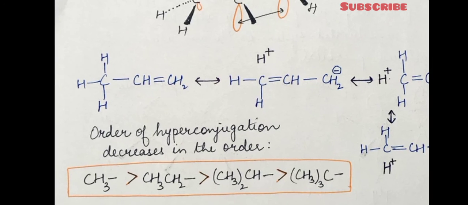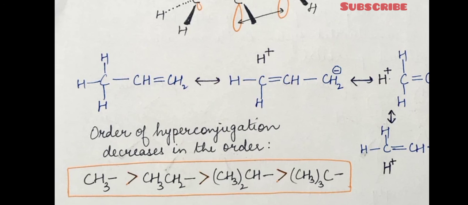Then comes (CH2CH3) whole twice, where we just have one hydrogen atom that can be involved in the hyperconjugation, and the least stable case would be when we have a tertiary carbon atom. Obviously this carbon atom does not have any CH bond, no sigma electrons are present, hence no hyperconjugation would be shown in this case.